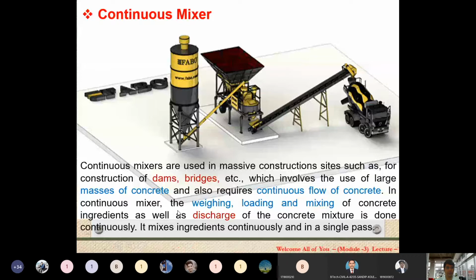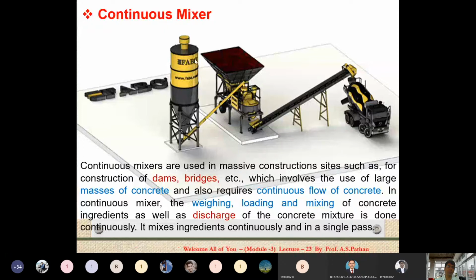In continuous mixers, the weighing, loading and mixing of concrete ingredients as well as the discharging of the concrete is done continuously. It mixes ingredients continuously and in a single pass.